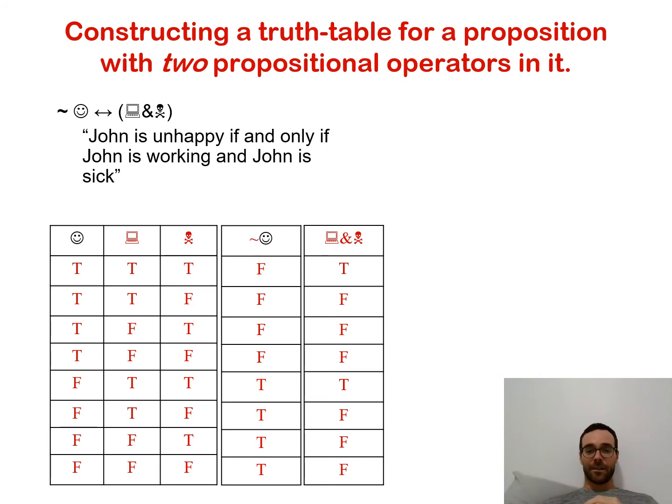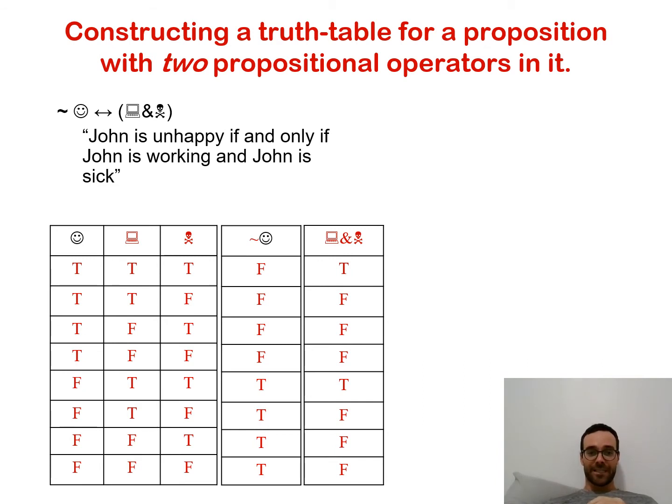So here, remember, a conjunction is true only if what's on both sides is true. So we go back to the reference columns. Here we're looking at column 2 and column 3, the column with the computer screen and the column with the skull and crossbones. We know that when we get T and T, the complex proposition will be T. Any other combination, we know that the complex proposition will be false.